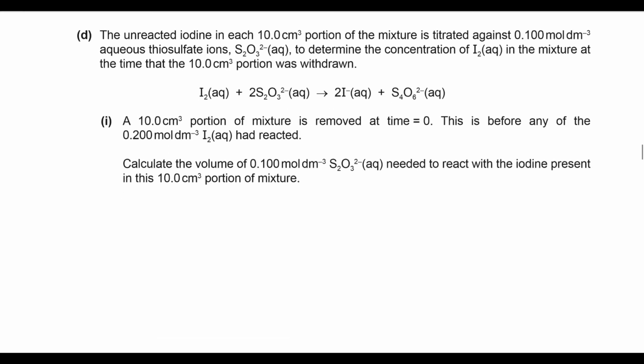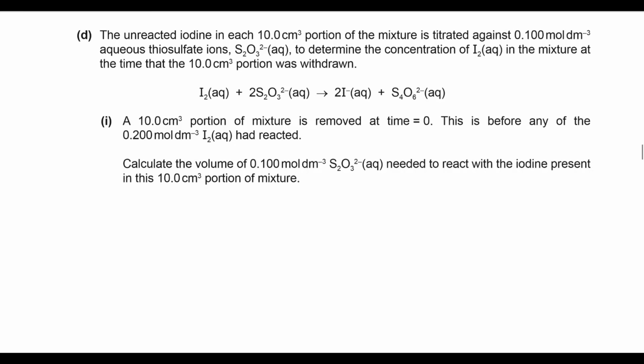The unreacted iodine in each 10 cubic centimeter portion of the mixture is titrated against 0.1 mole per cubic decimeter aqueous thiosulfate ion to determine the concentration of iodine in the mixture at the time that 10 cubic centimeters was drawn.